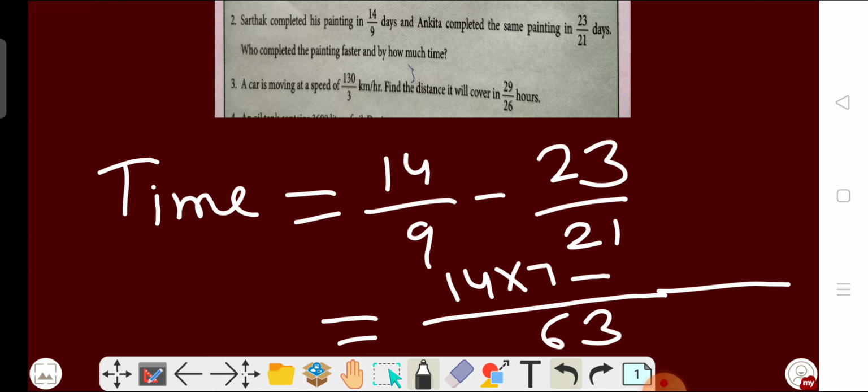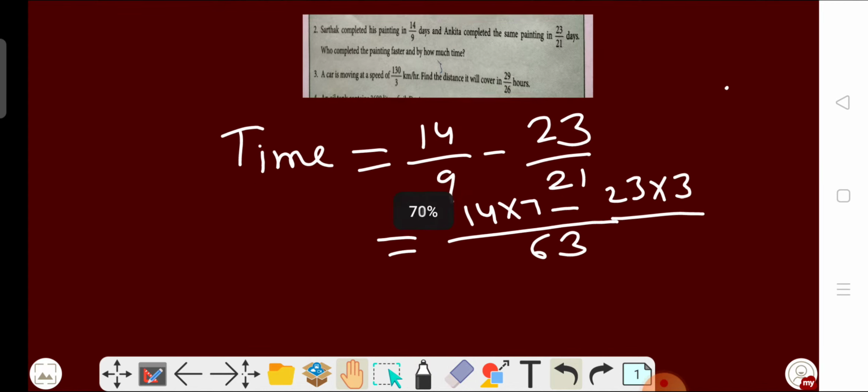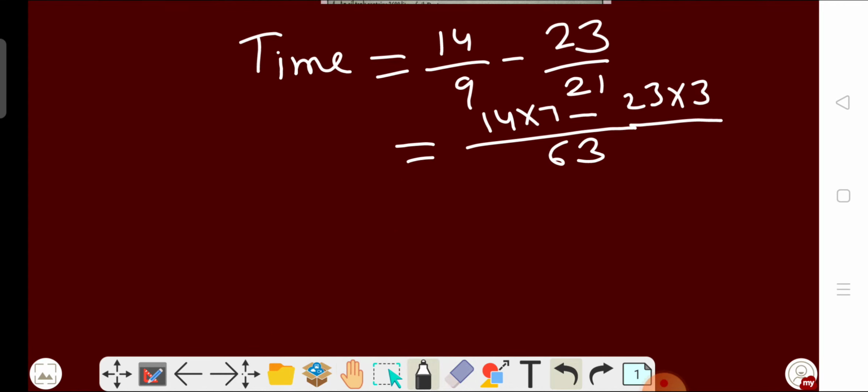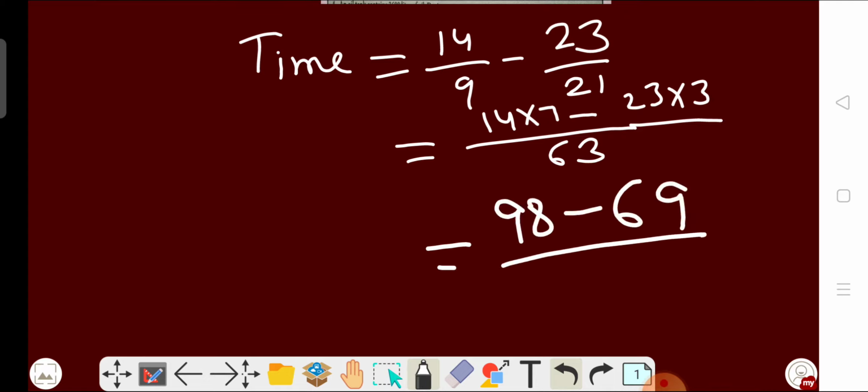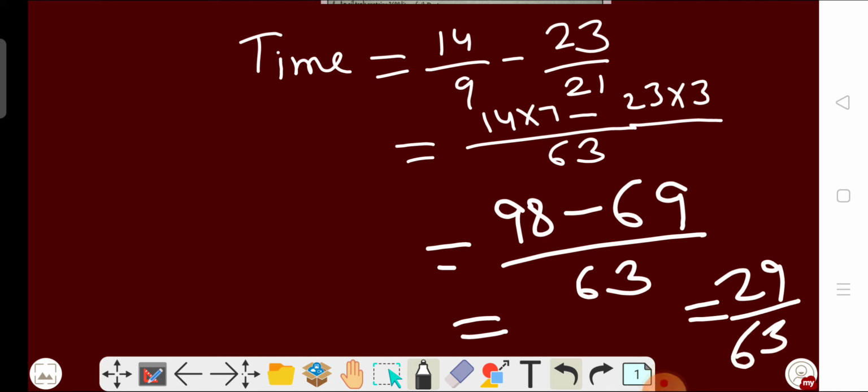And when we divide 63 by 21, what will come? 3. So after solving this multiplication, the value of time is equal to (98 minus 69)/63, and the difference is equal to 29/63. So the answer is 29/63 days.